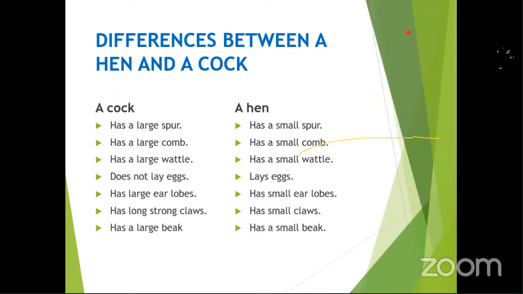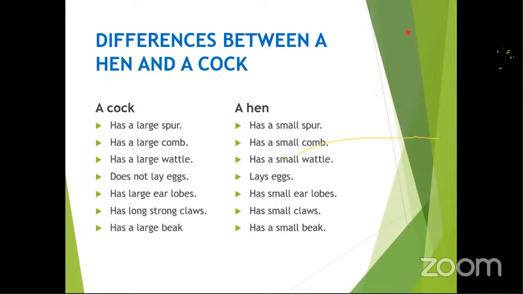A cock has a large earlobe, while the hen has small earlobes. A cock does not lay eggs, while a hen lays eggs. A cock has a large wattle, while a hen has a small wattle. A cock has a large comb, while a hen has a small comb.